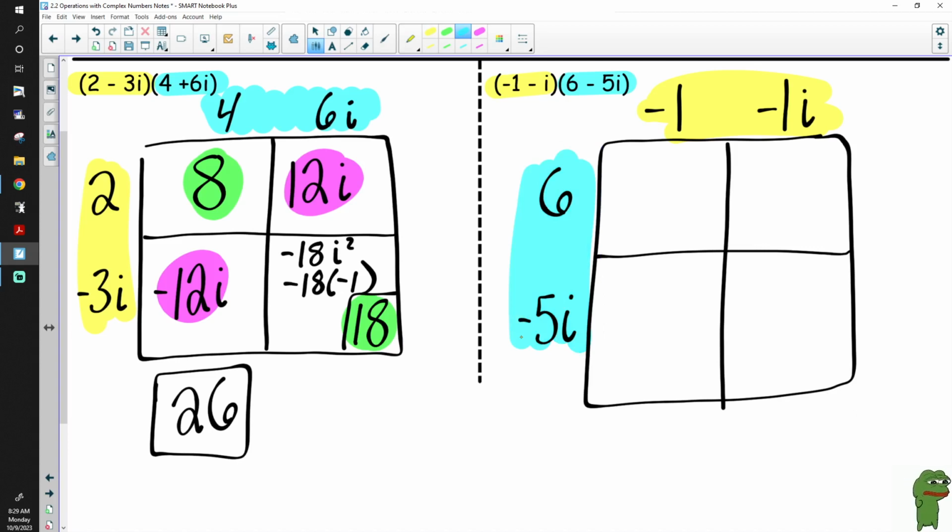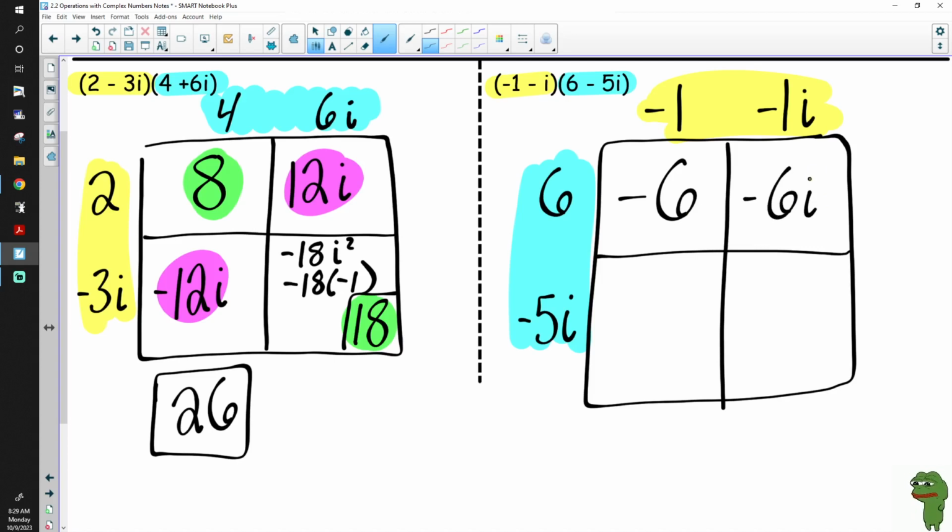Okay, and now to fill out our box, we will multiply. Filling in our box, we multiply, and then we add our like terms to simplify at the end. So top left box, what do we got? Negative 6. 6 times negative 1. In my top right box, I have 6 times negative 1i. Negative 6i.